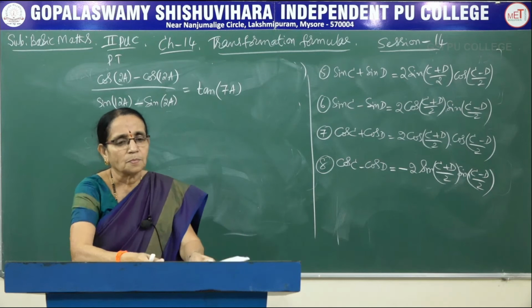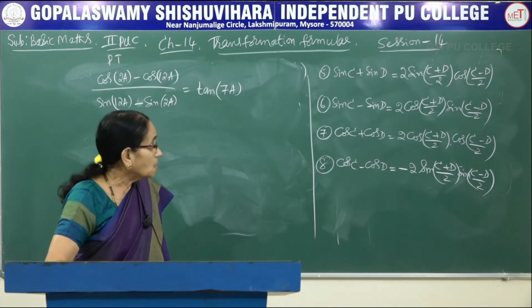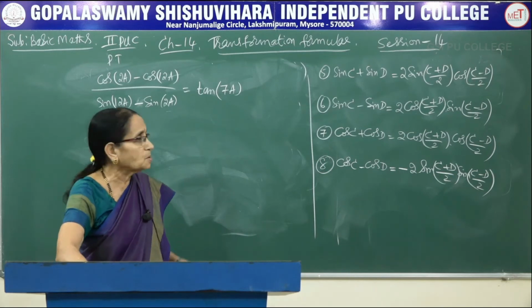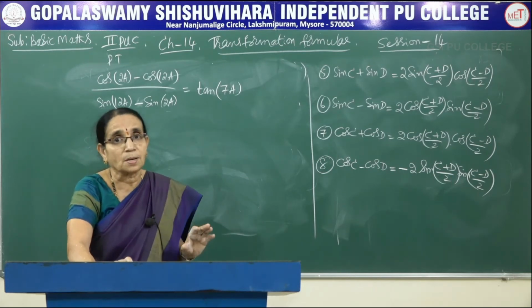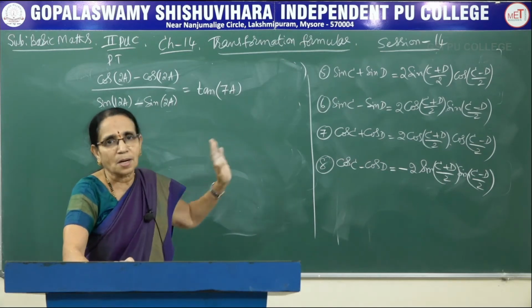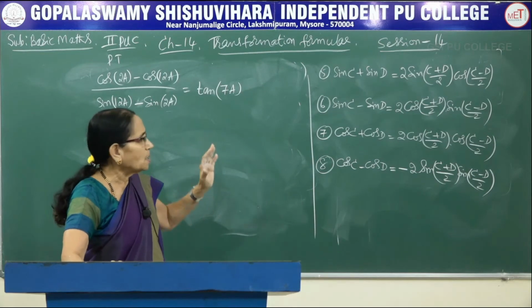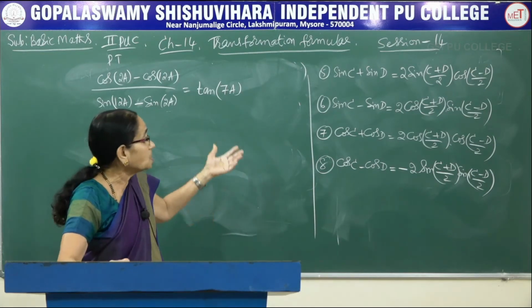Tan of 7a. See, I have been telling repeatedly in almost all the sessions, whenever you are proving certain results, always the answer will be known to you. It is on the right hand side. So naturally, you get a hint how to start with, what can be the first step.